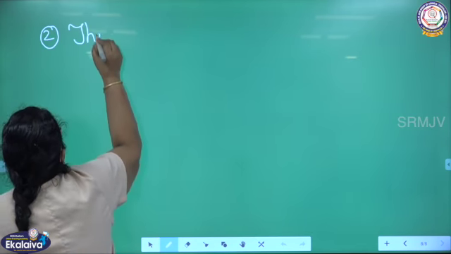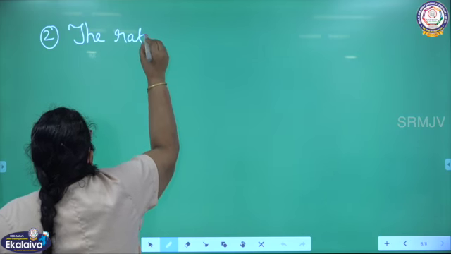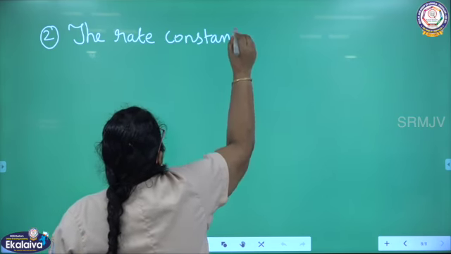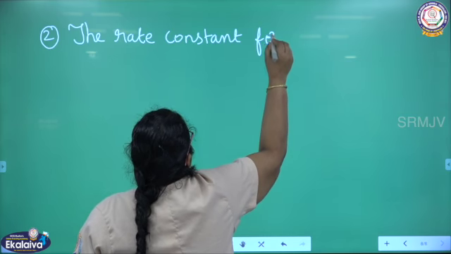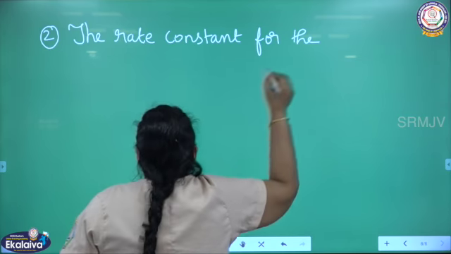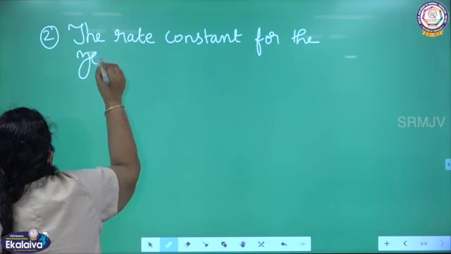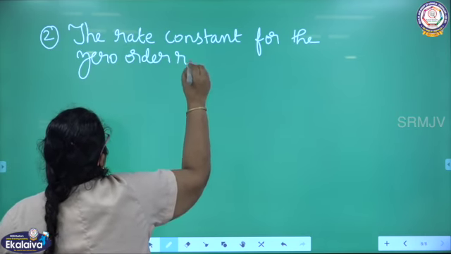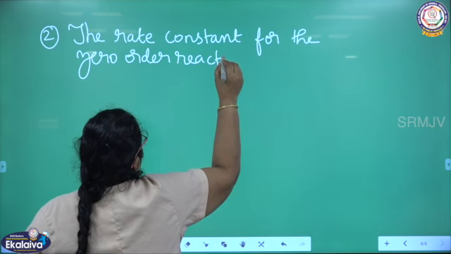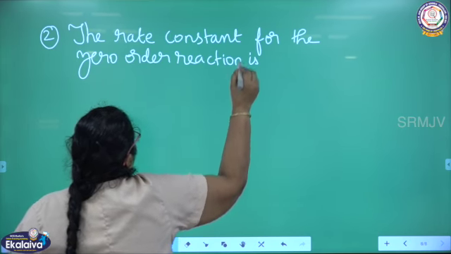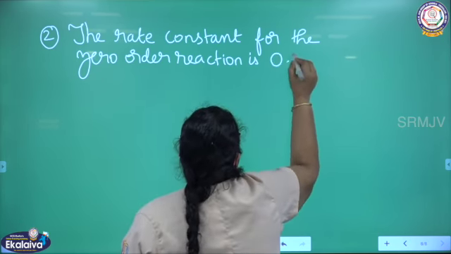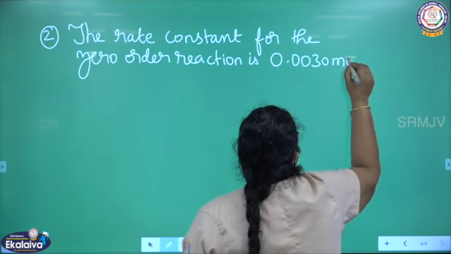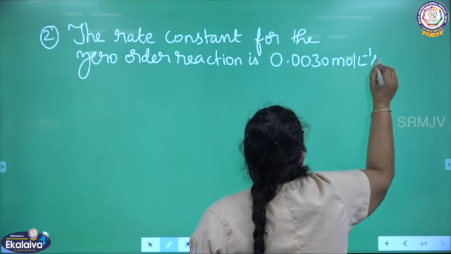The rate constant for the zero order reaction is 0.0030 moles per liter per second.